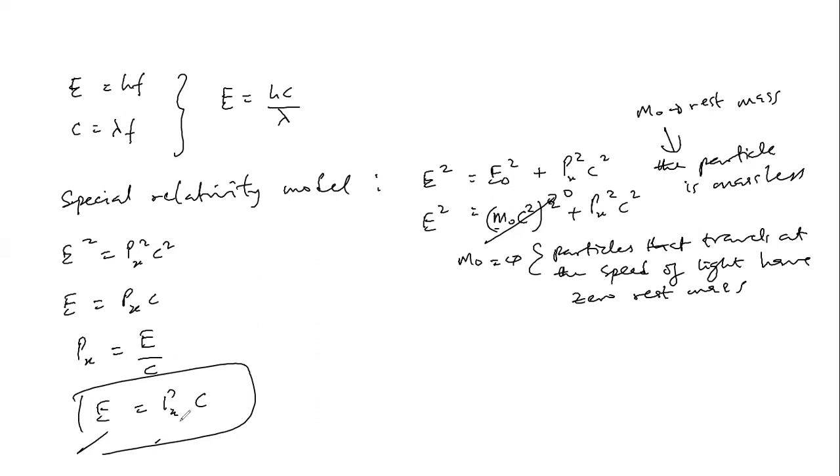And now, from our derivation, we can see that P sub x C is the same as this energy, which is equivalent to HC over lambda. So the C cancels, such that the momentum is the same as the Planck constant divided by the wavelength.